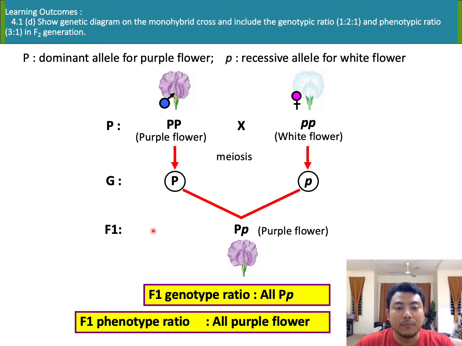When you cross them, you have the F1 generation, heterozygous, big P small p. Phenotypically, what we see is purple, but the genotype is heterozygous, mixed. So the F1 genotype ratio is all big P small p, and the F1 phenotype ratio is all purple flower. You need to write the genotype ratio, and also the phenotype ratio.